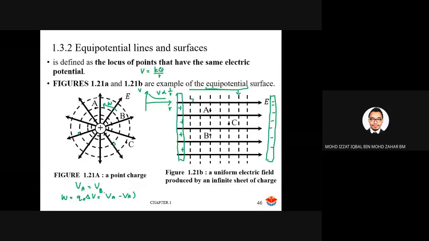Final minus initial, don't forget that keynote. In this case, VA is equal to VB since it comes from the same equipotential line. So this one will become 0.